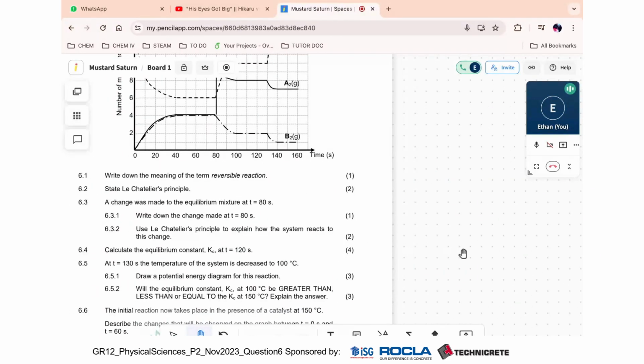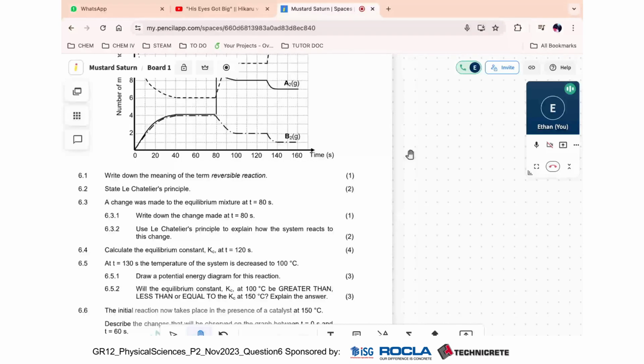State Le Chatelier's principle for 2 marks. When the equilibrium in a closed system is disturbed, the system will reinstate a new equilibrium. This is a very formal way of saying it. Of course, it's very difficult to just memorize definitions like how they're written in the textbook. It's easier to rephrase it, paraphrase it in your own way.